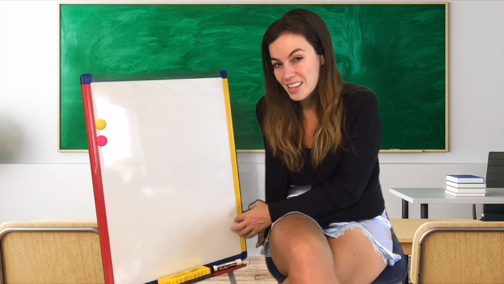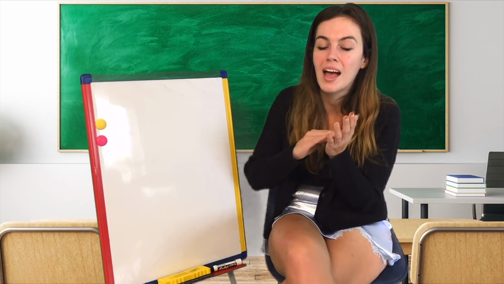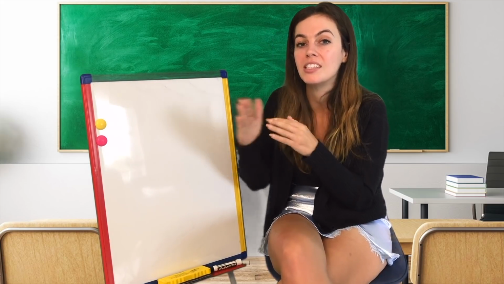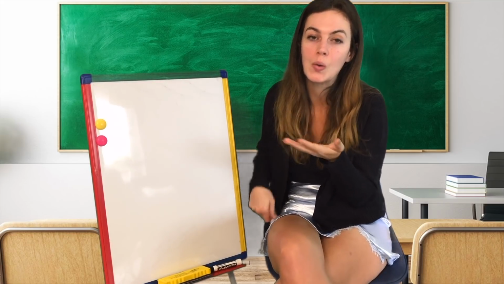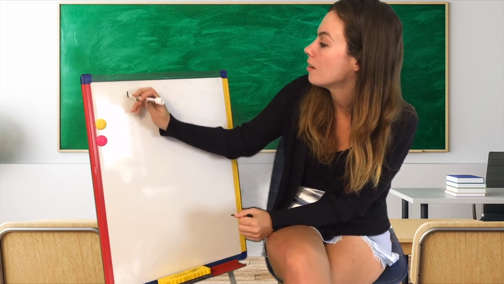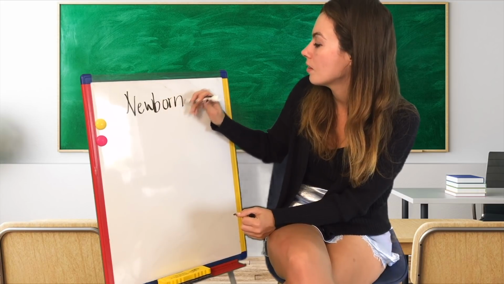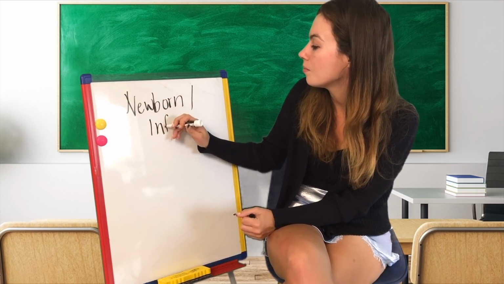And the last thing that we're going to talk about today is how your need for sleep changes throughout your life cycle. So the first thing we're going to talk about is newborn and infant sleep.